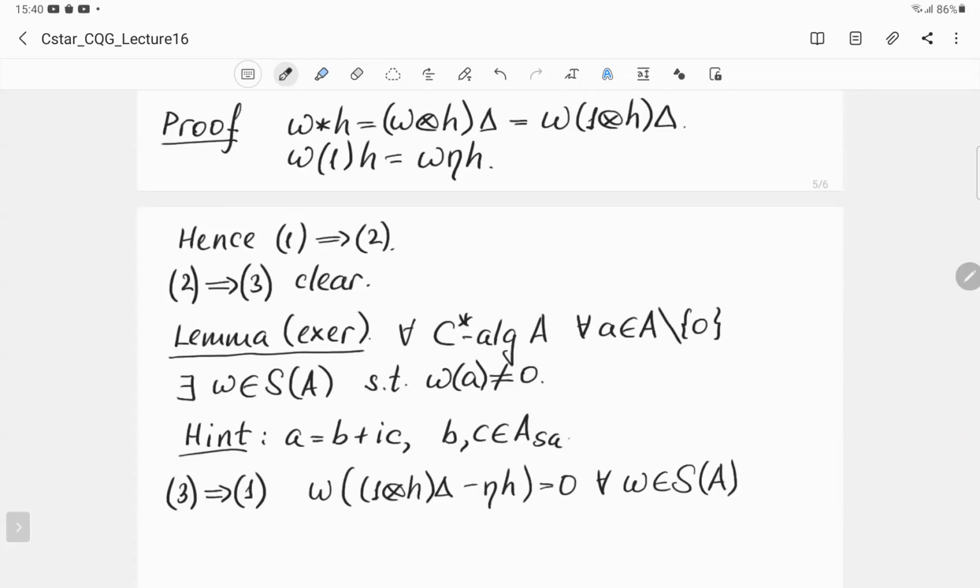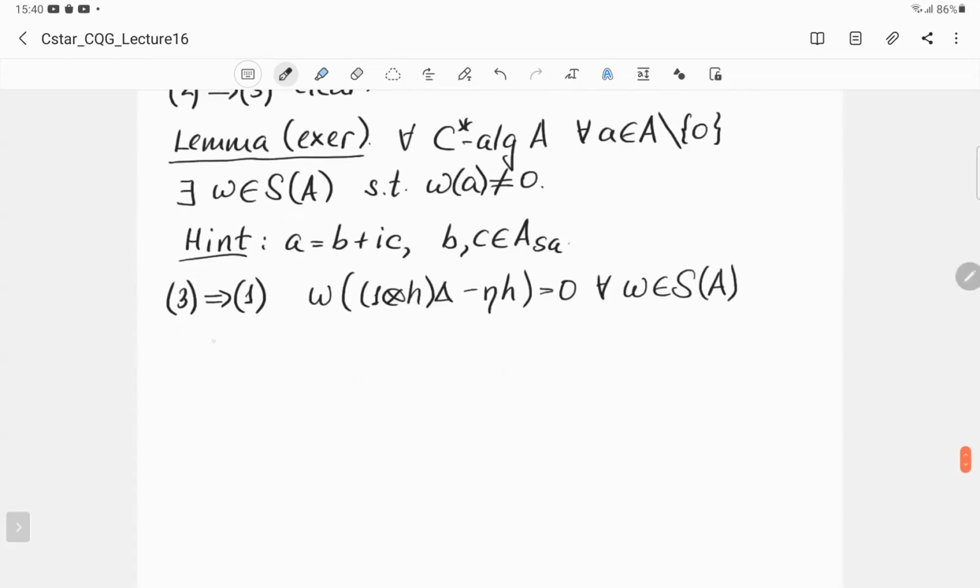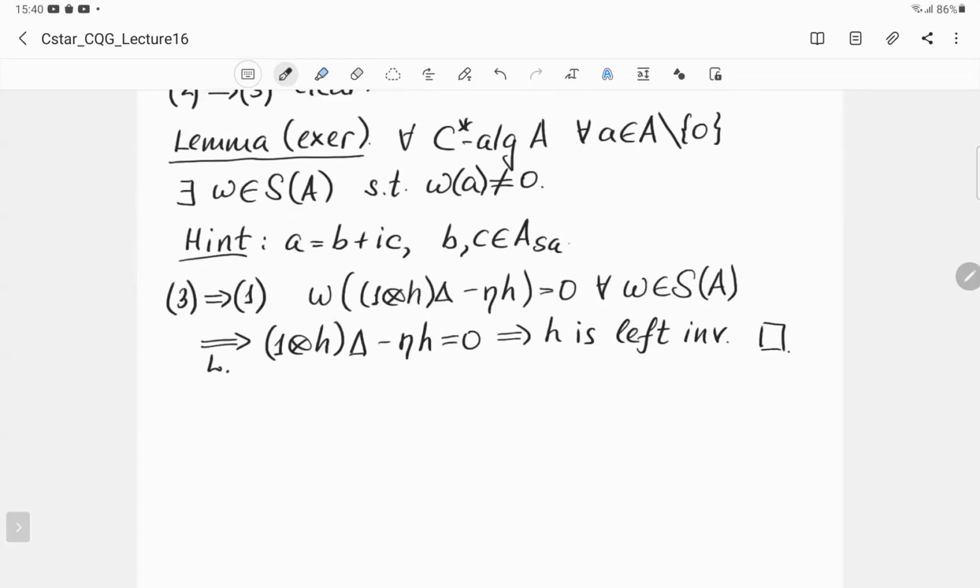This is an equivalent form of condition 3. But now we apply our lemma, which shows that if this holds for each state, then this expression here is identically 0. So h is left invariant. So this completes the proof.